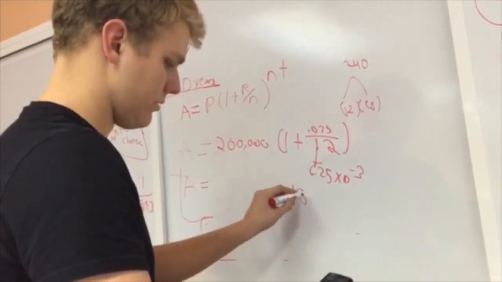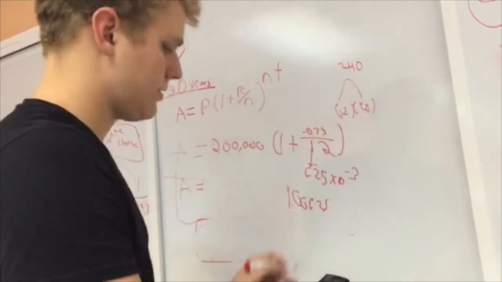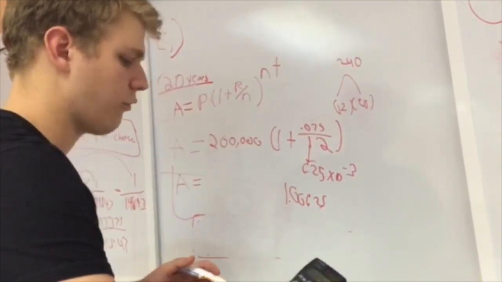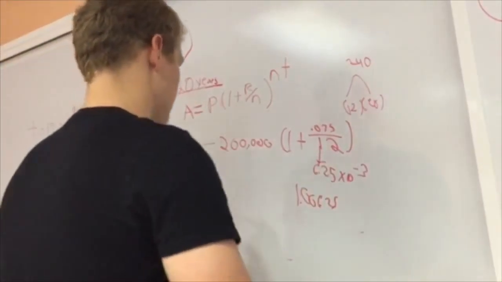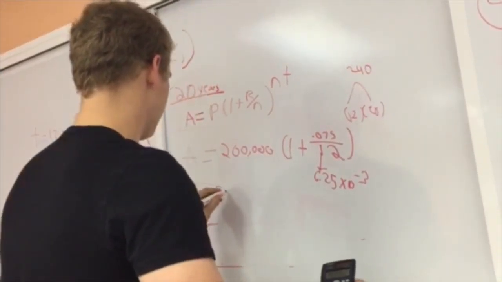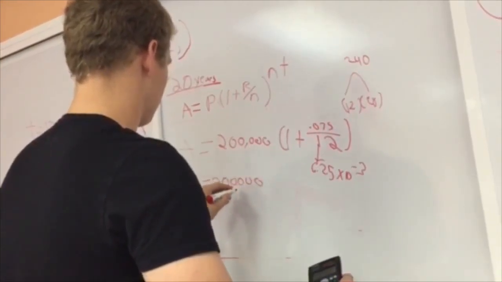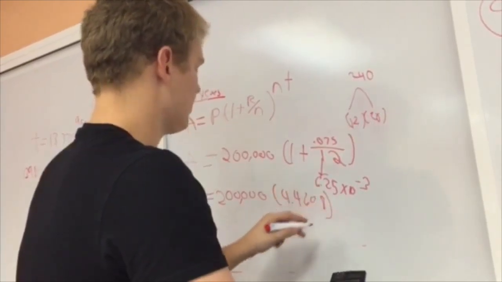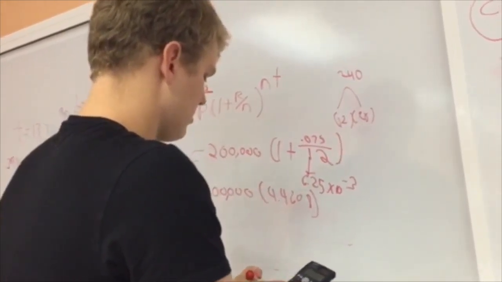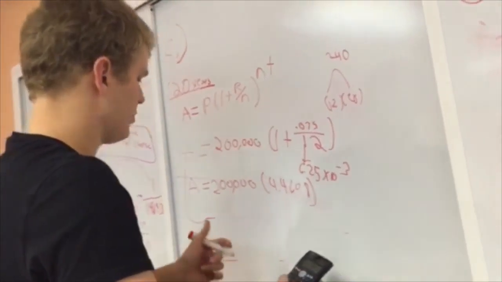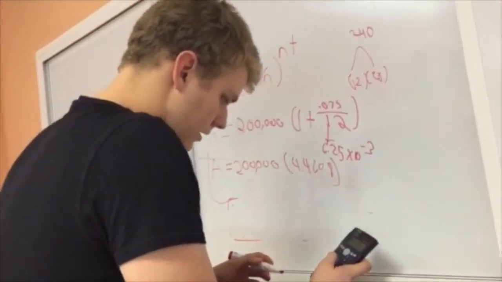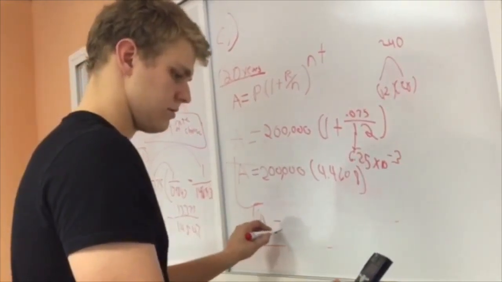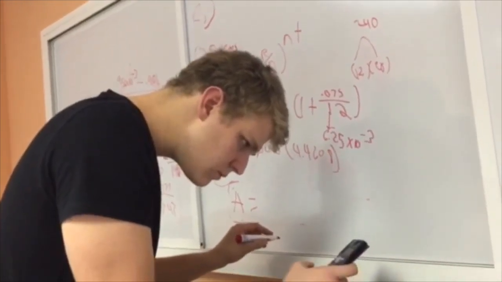It's going to be 1.00625, and you're going to do it to the power of 240, and it's going to give you 4.4608. So you're going to go 200,000 times 4.4608, which will give you 892,000.